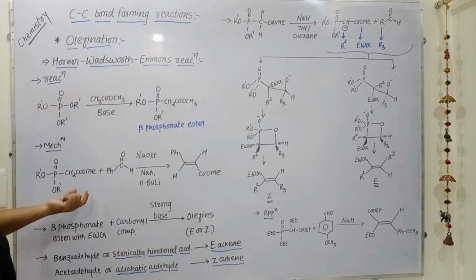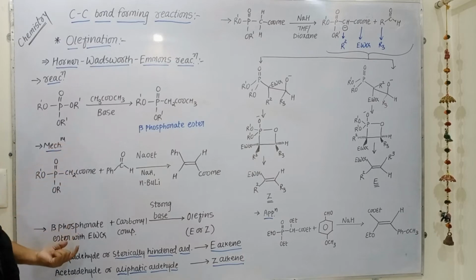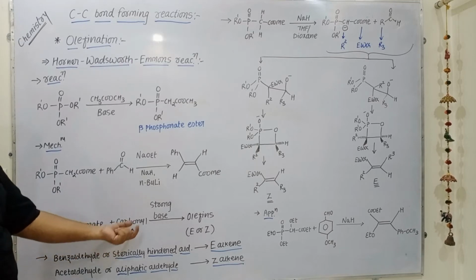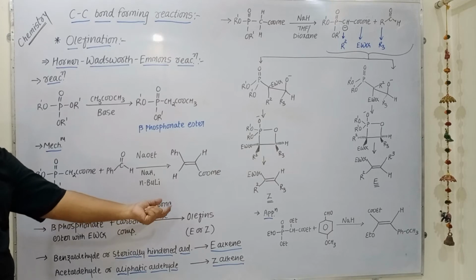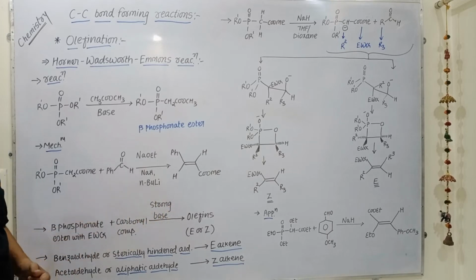Now the general reaction can be defined as we have discussed here: beta phosphonate ester when reacting with carbonyl compound in presence of strong base gives olefins as a product.